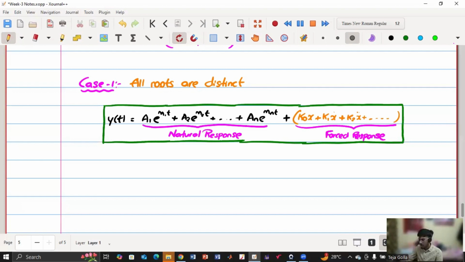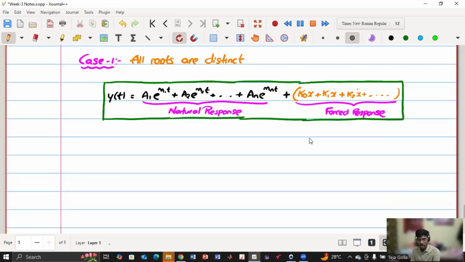Now we'll consider another case, because we cannot consider all the cases as there can be multiple number of cases. Just to understand how things are going, we'll consider one case where m1 equals m2, so these two roots are equal, and similarly m3 equals m4 equals m5.